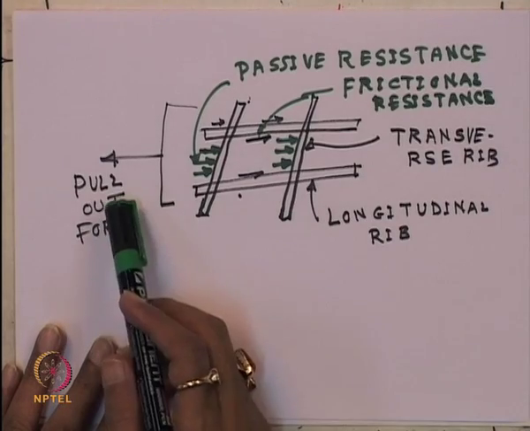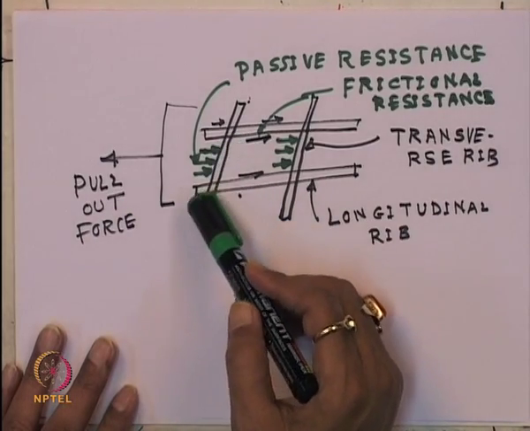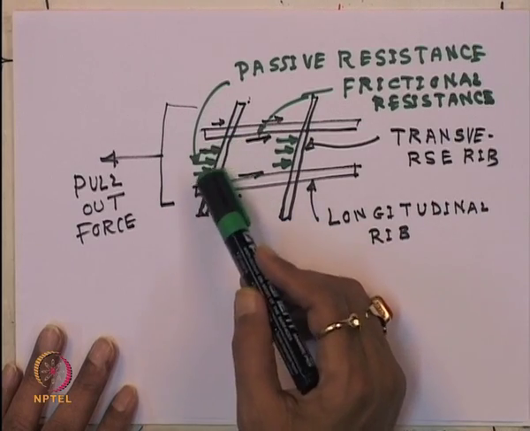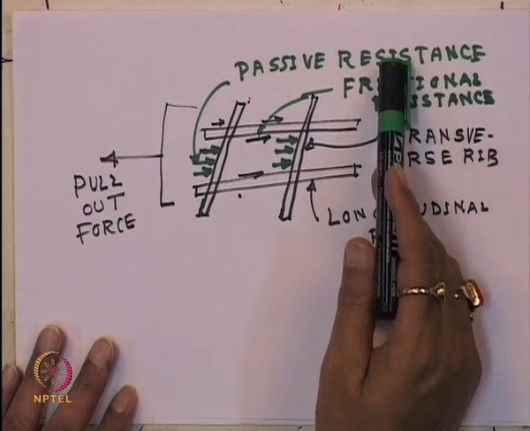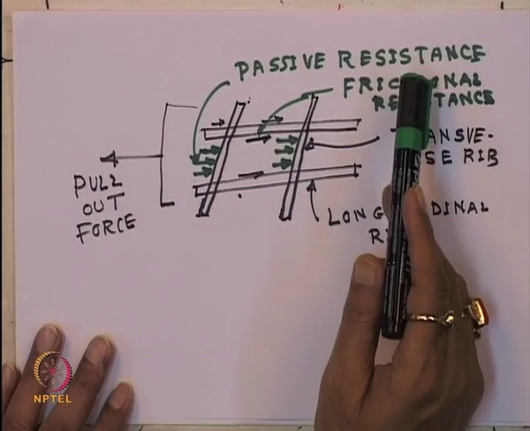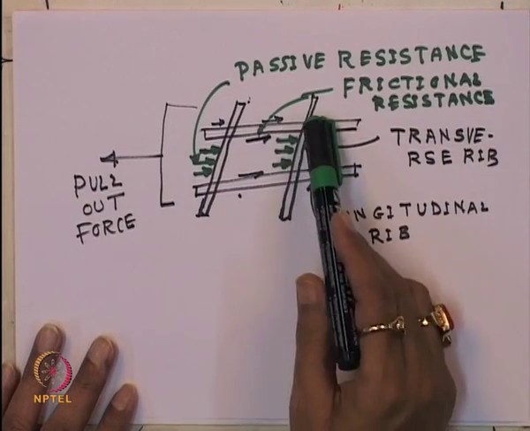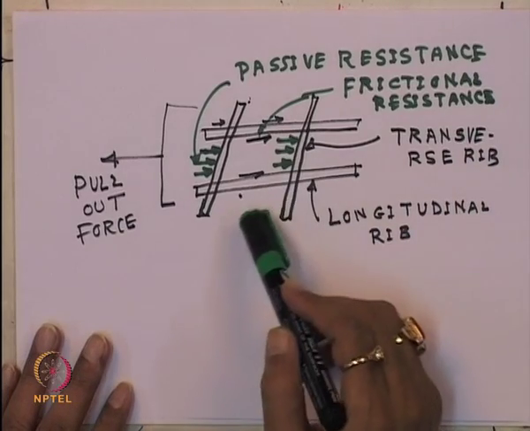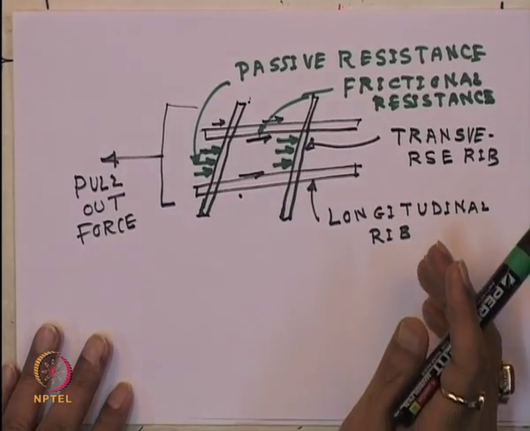So when you pull out the material, most of the load is taken by the passive resistance, or what you call the bearing resistance, rather than the frictional resistance in case of the geogrid material.